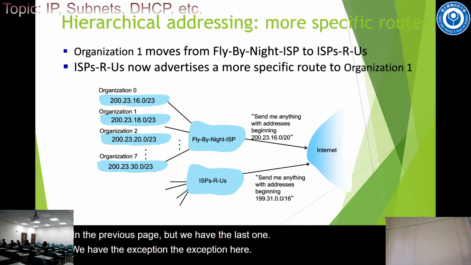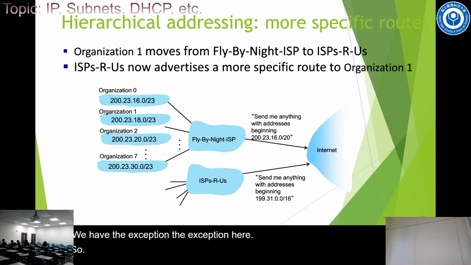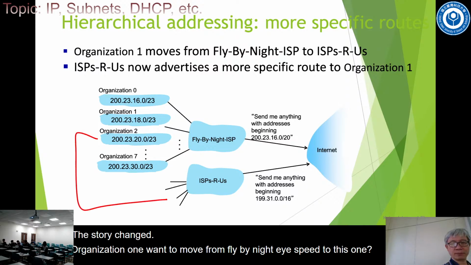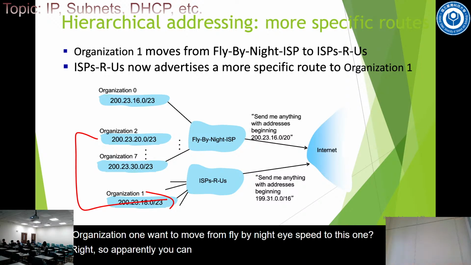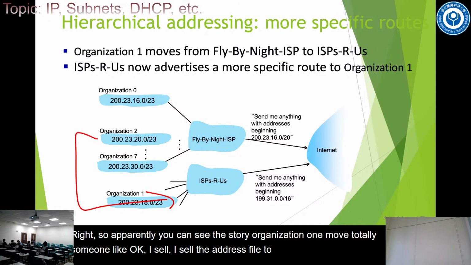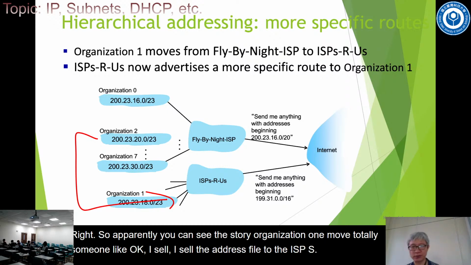So, the story changed. Organization 1 wants to move from Fly By Night ISP to this other one. Organization 1 moved totally, so someone sells the address block to ISP-R-Us.